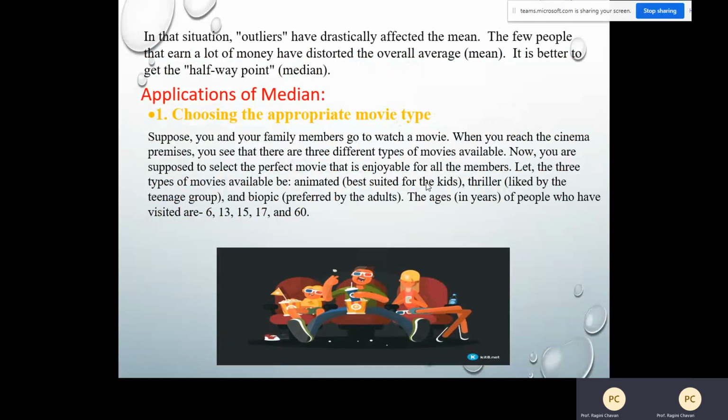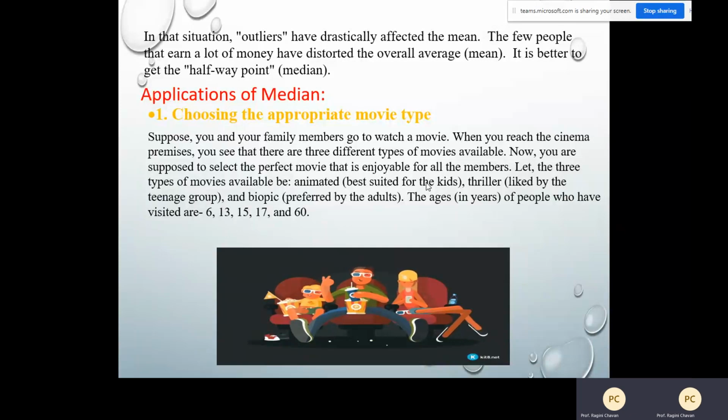In this situation, outliers drastically affect the mean. The few people that earn a lot of money have destroyed the overall average. It is better to get the halfway point, that is, it is better to find the median for such kind of data. Let us see applications of the median.